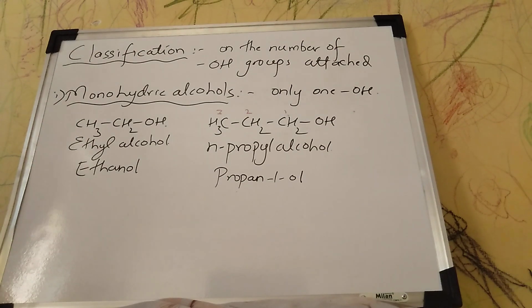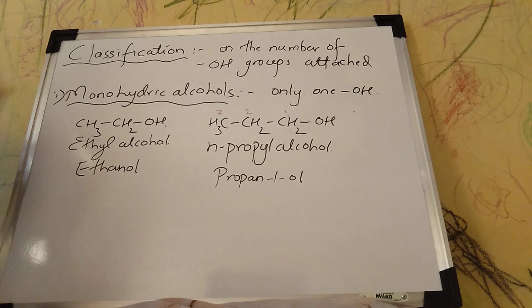So this was the first classification based on the number of OH groups, right? Monohydric: mono itself means one, hydric means the OH. Now the second is dihydric alcohol.